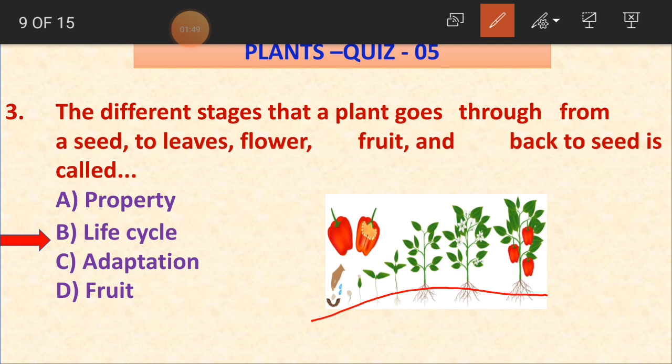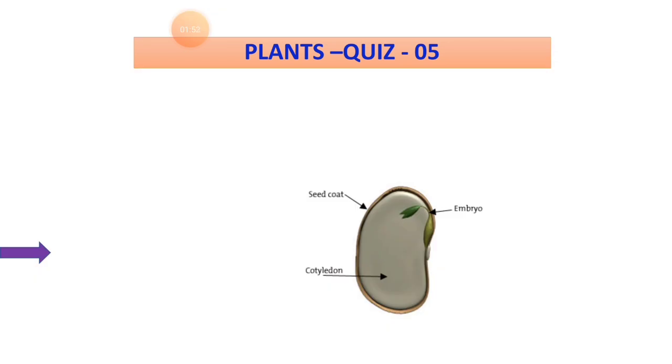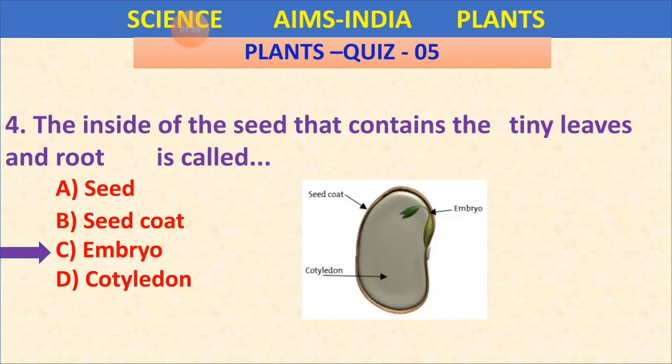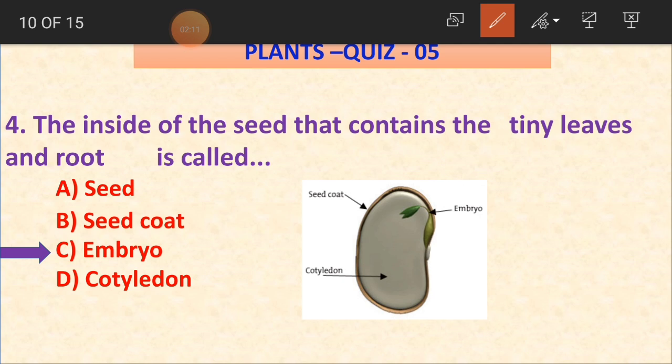Now, the next question. Here we are seeing a seed in our diagram, and the inside of the seed that contains the tiny leaves and root is called the embryo.